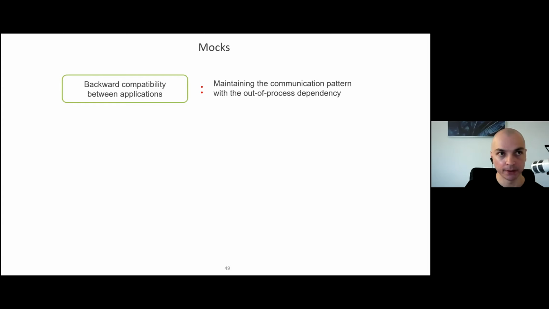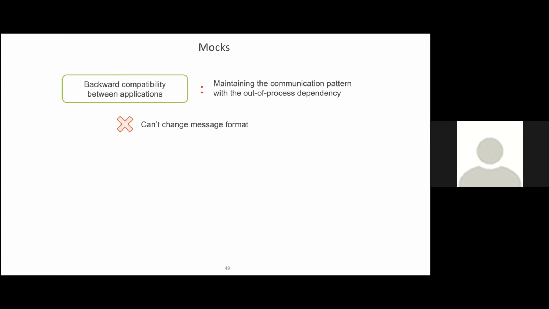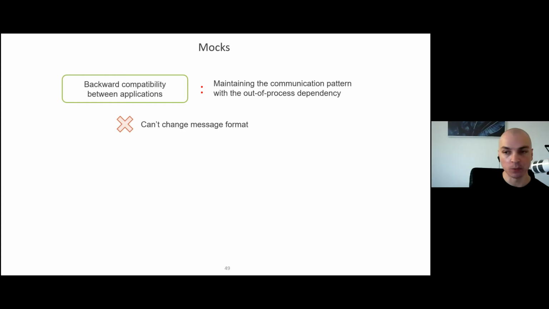Regardless of the refactorings that you make inside your system, you should preserve the type, the content, and the structure of the messages that you put on the bus. You cannot change the format of those messages, because if you do, you will break backward compatibility. Those other applications that integrate with your application will not be able to recognize those messages and will not be able to communicate with your application anymore.